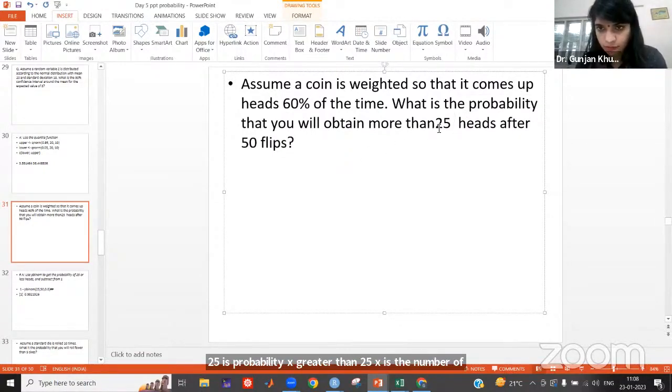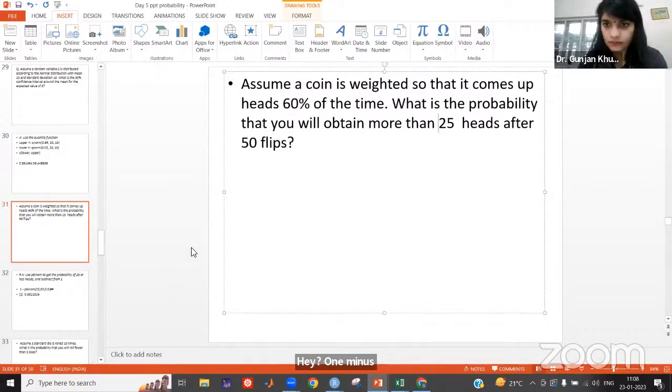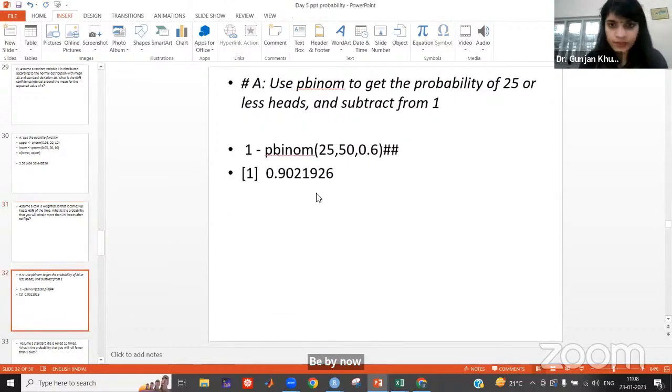What functions will you use in this? One minus probability X less than or equal to 25. Okay, fine. And for X less than or equal to 25, which function will you use? P.Binom. Yeah, P.Binom. Okay, so it would be like this.